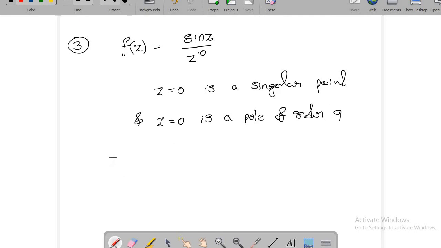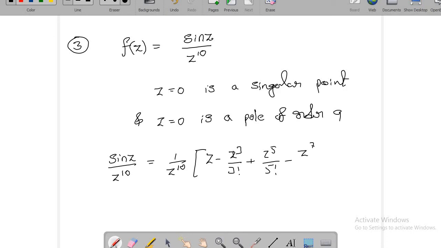Why? Because if you look at the expansion of sin z by z power 10, you'll get 1 by z power 10 into all these terms: z minus z cube by 3 factorial plus z power 5 by 5 factorial minus z power 7 by 7 factorial plus and so on.